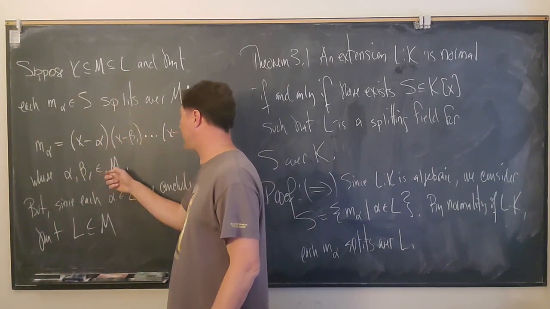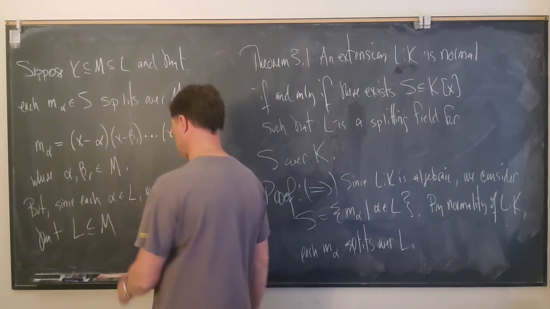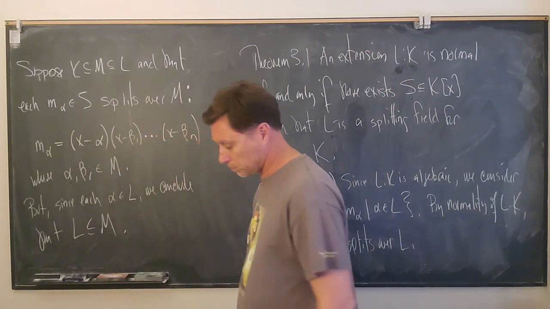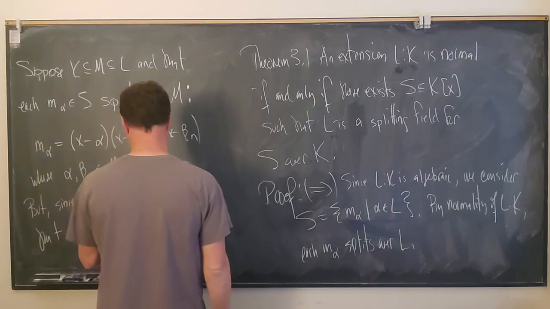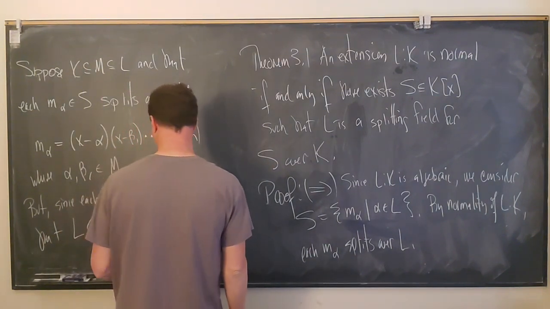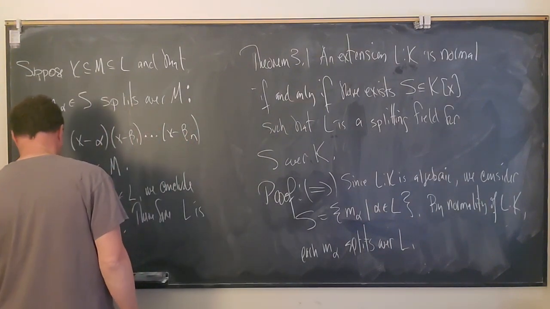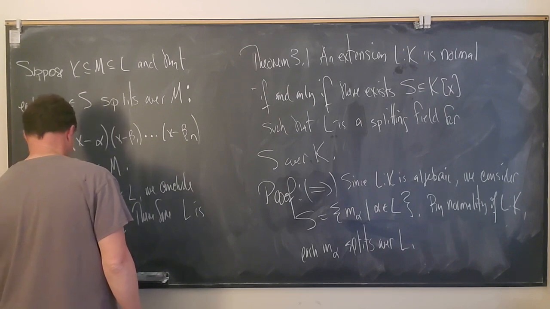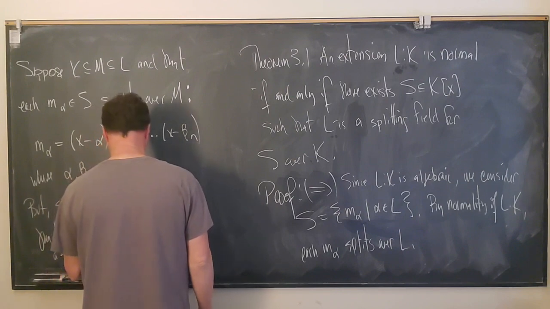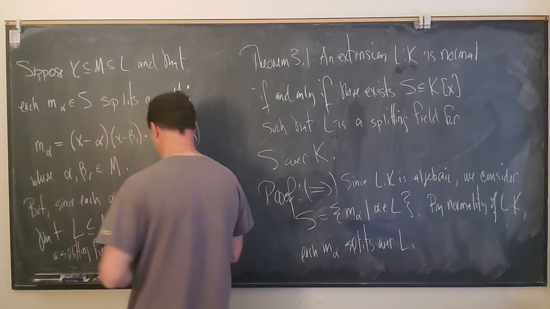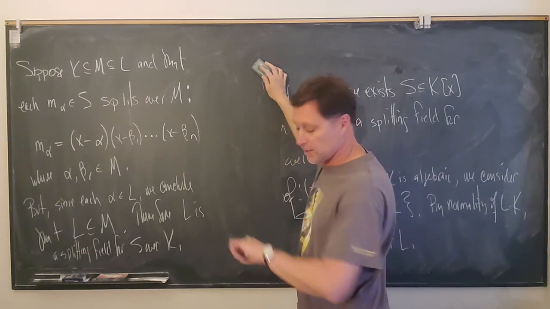All the alphas live in M. We already know that all the alphas live in L, so that gives us this containment right here. Right, so therefore, L is a splitting field for S over K. That was the easy direction.